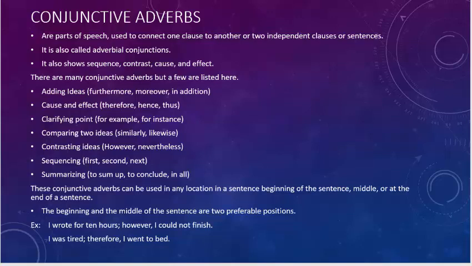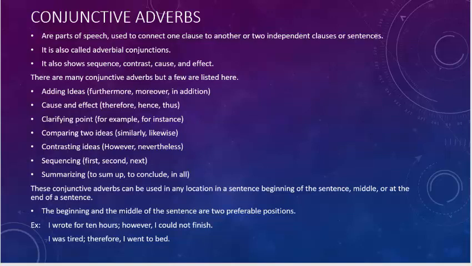These conjunctive adverbs can be used in any location in a sentence. We can use them at the beginning of a sentence, in the middle of a sentence, or at the end of a sentence. But the beginning and the middle are the two most preferable positions.